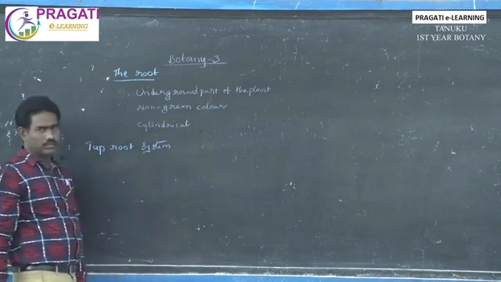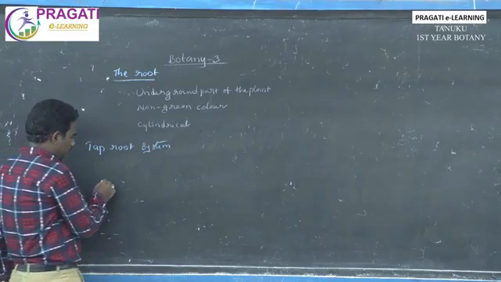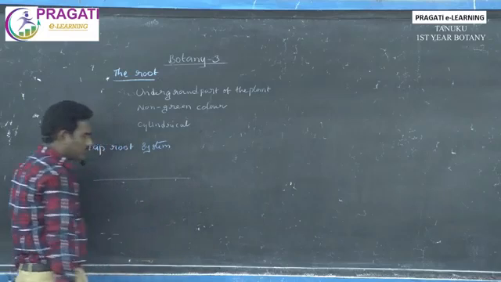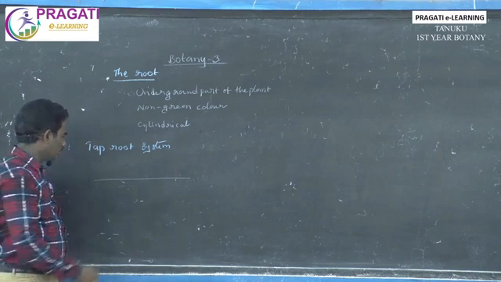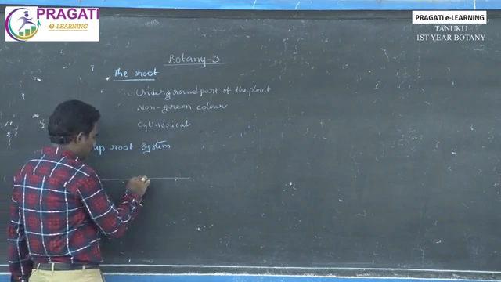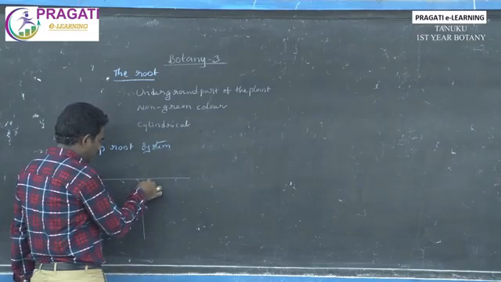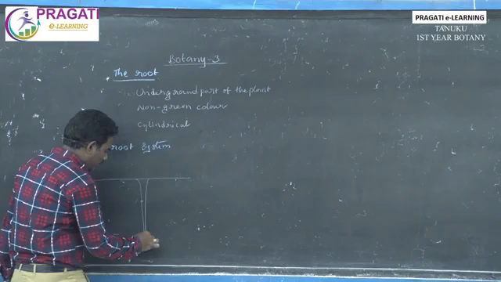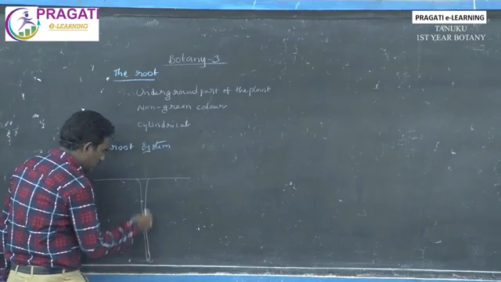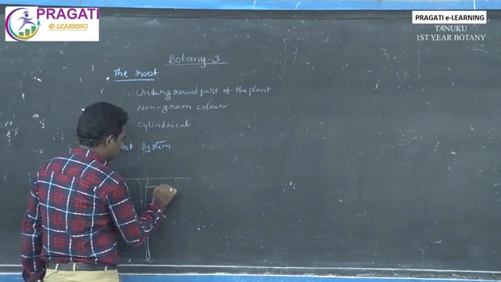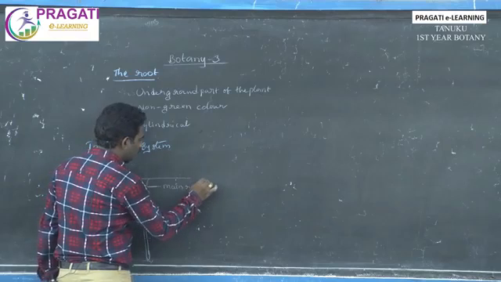In the tap root system, during germination of the seed, it produces the radicle. The radicle elongates into the main root, or primary root.